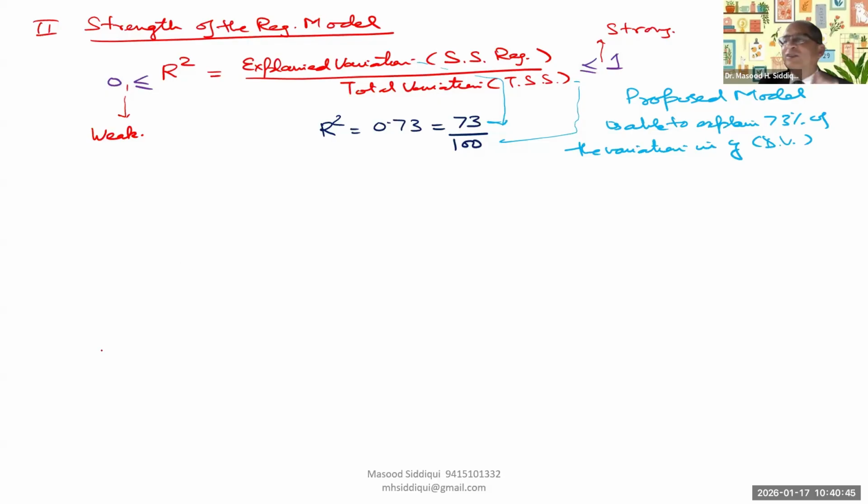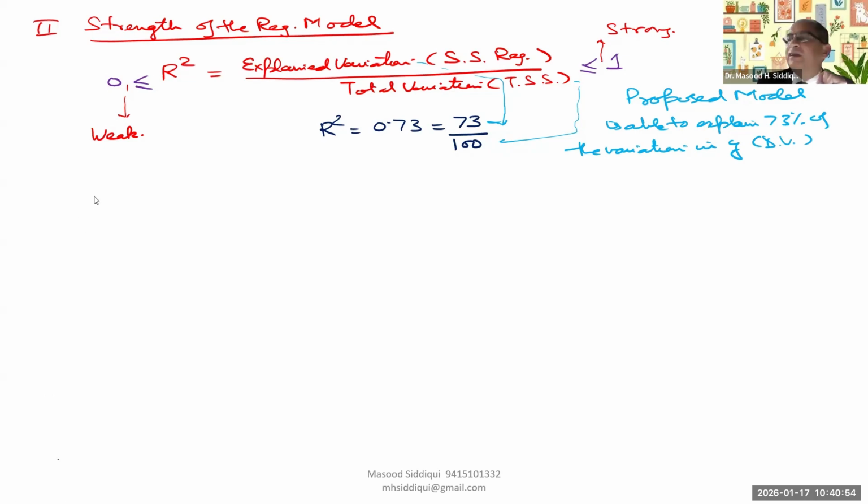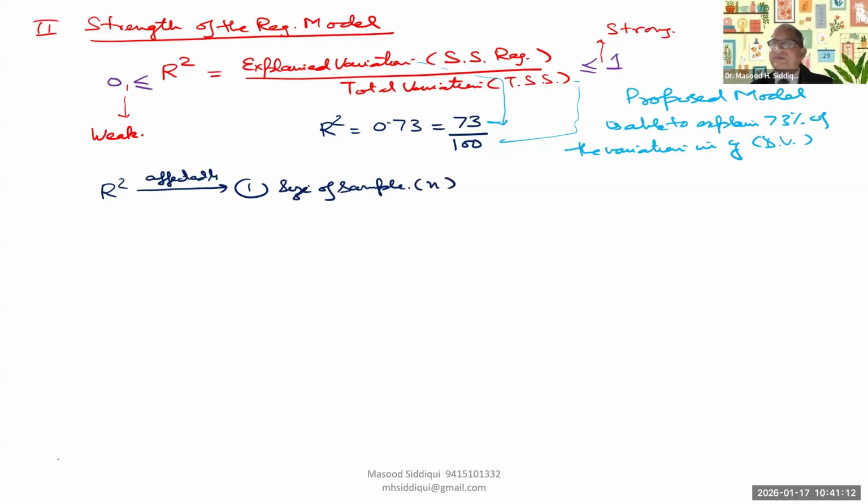Right. Now this R square has some issues. This R square is affected by two terms. One is the size of the sample, that is n. If the size of the sample is low, then R square gets inflated.